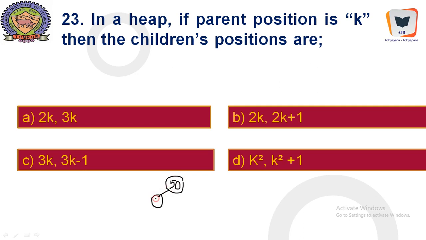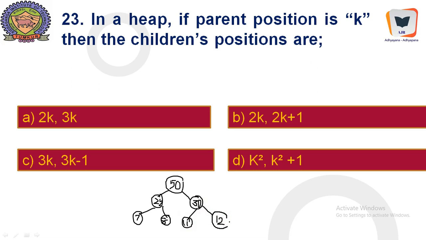Let us say this is 25 and this may be 30. In the same token, if this were a parent, its children should be lesser than that. It should be 7 and this can be 8. It's an arbitrary example, of course, and this may be 11 and this may be 12.